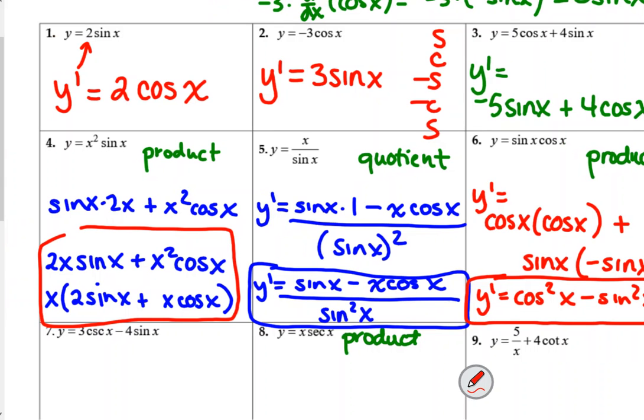One of the things that you'll see most often is ultimately when you end up with a trig function times a polynomial term, usually they'll rewrite it with the polynomial term piece in the front. So sine of x times 2x, 2x times sine of x is the more common way to write that.